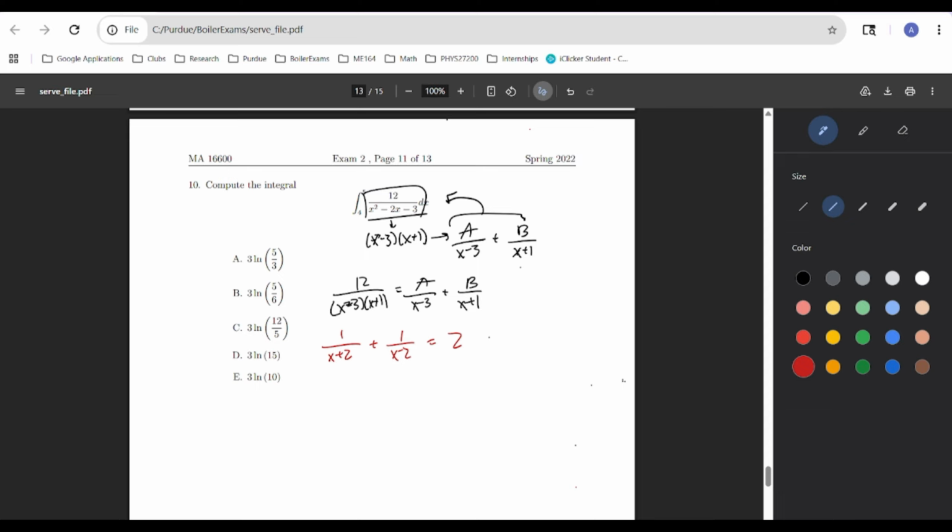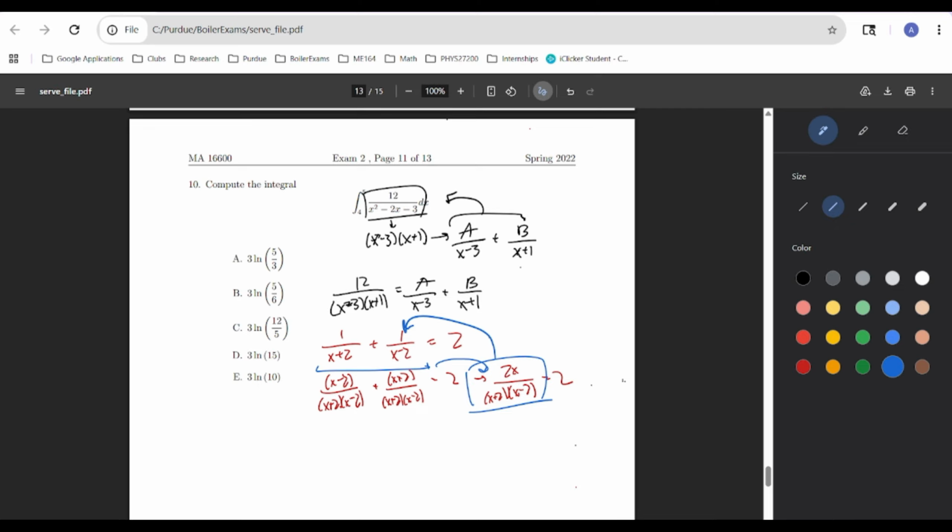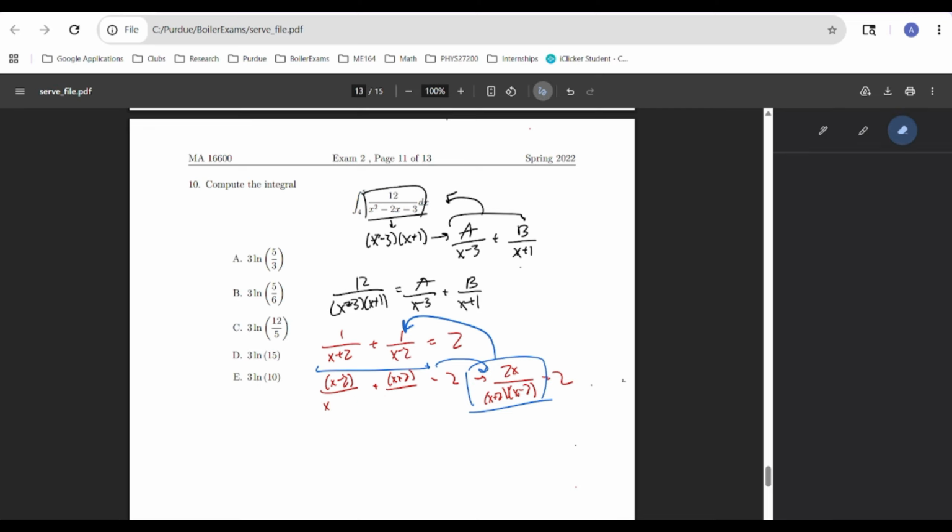We'd multiply the first term by x minus 2 on the top and bottom, plus x plus 2 over (x plus 2)(x minus 2), and that would all be equal to 2. That would be 2x over (x plus 2)(x minus 2). You can see we've taken the sum of two terms and combined them into this. Partial fraction decomposition just says that I can take this giant function and turn it back into the sum of these two terms, which is exactly what we're going to do here.